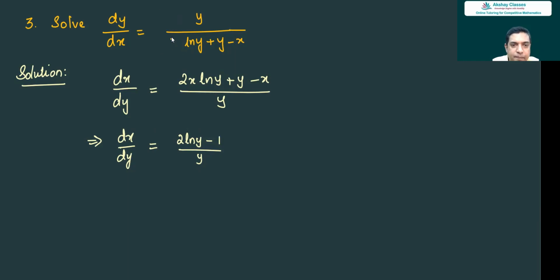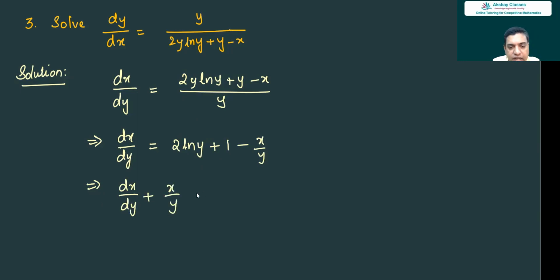This is 2y. This makes sense here. This is 2y. So what we get is 2 log y plus 1 minus x upon y. Take this to the other side. So we get dx upon dy plus x upon y is equal to 2 log y plus 1.